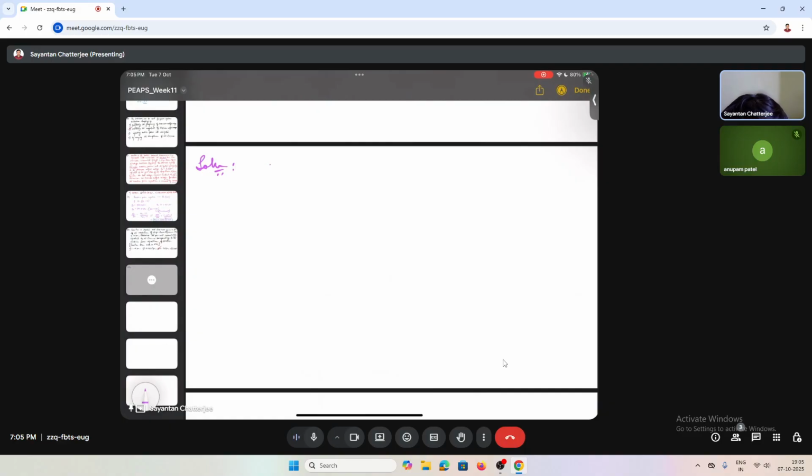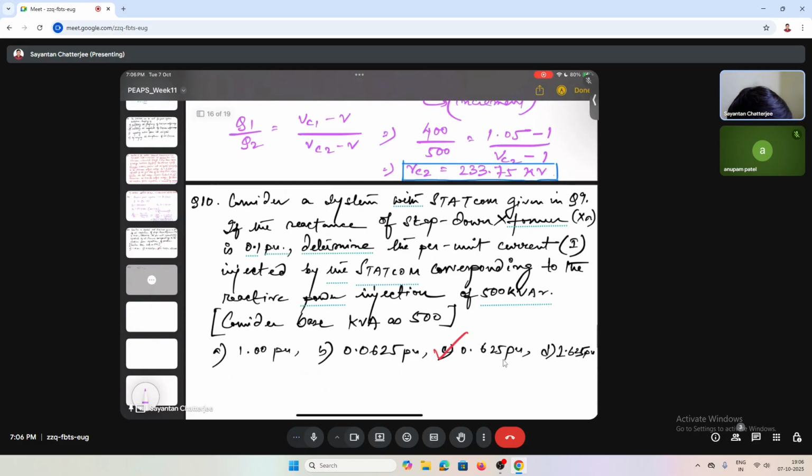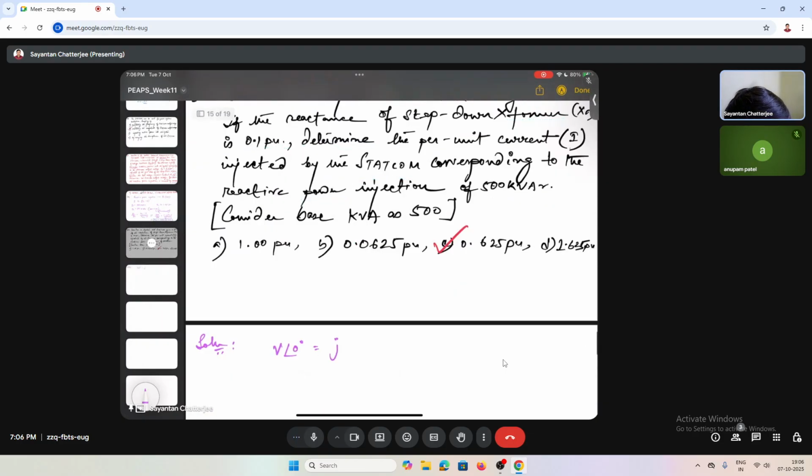So considering the equation, we know V angle 0 from the grid side. If we look, the KVL current is given I. So current is J and X sigma is the reactance given, right? And VC angle, this one is alpha, some angle alpha.